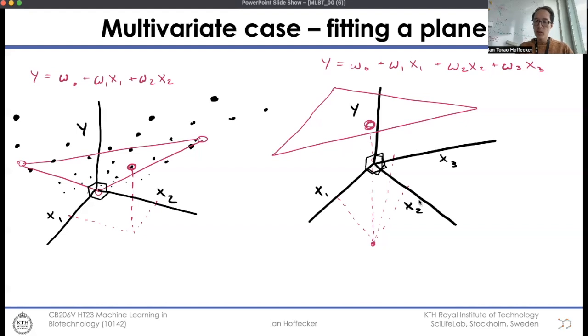Okay, how about three variables? This becomes quite difficult to draw and impossible to visualize. But we can imagine that now we have three input variables all perpendicular to each other, which of course does not work in the regular 3D universe that we live in, but we can use our imagination a bit and say that we have three values, x1, x2, and x3, and a particular point associated with those that gives us a single output y value.